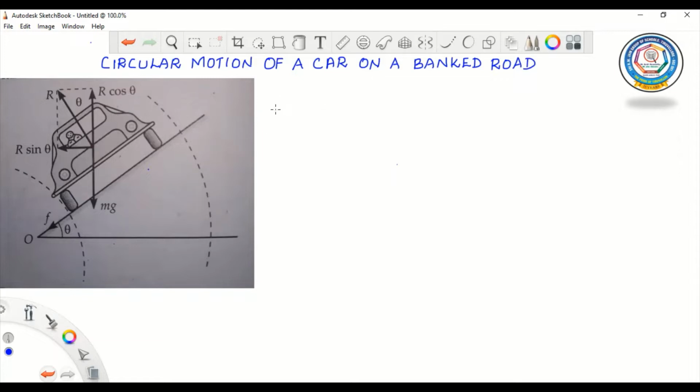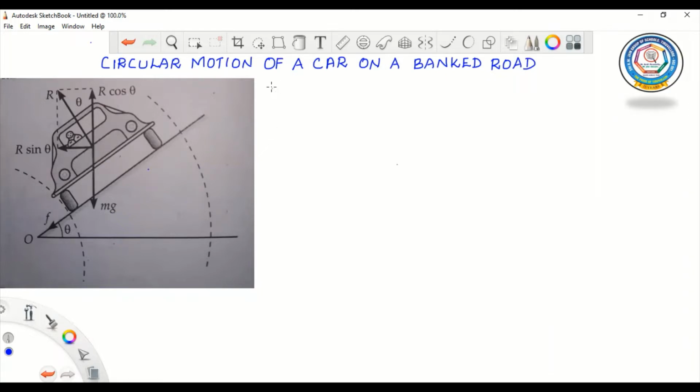Now let us consider a car of weight mg going along a curved path of radius r with speed v on a road banked at an angle theta. What are the forces acting on this vehicle?